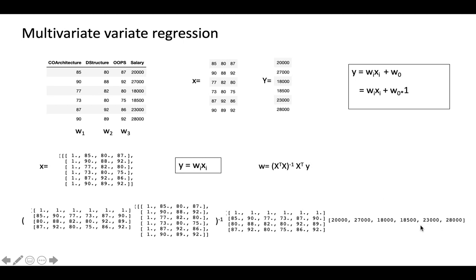And see in the next page, we get these weights. The W, this is W1, W2, W3, and this is the W0 for the 1. You remember we had put a column of 1s.